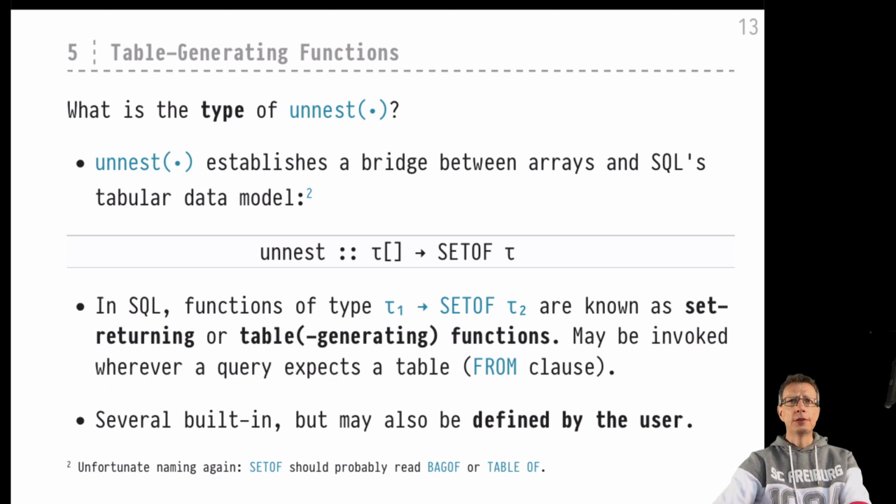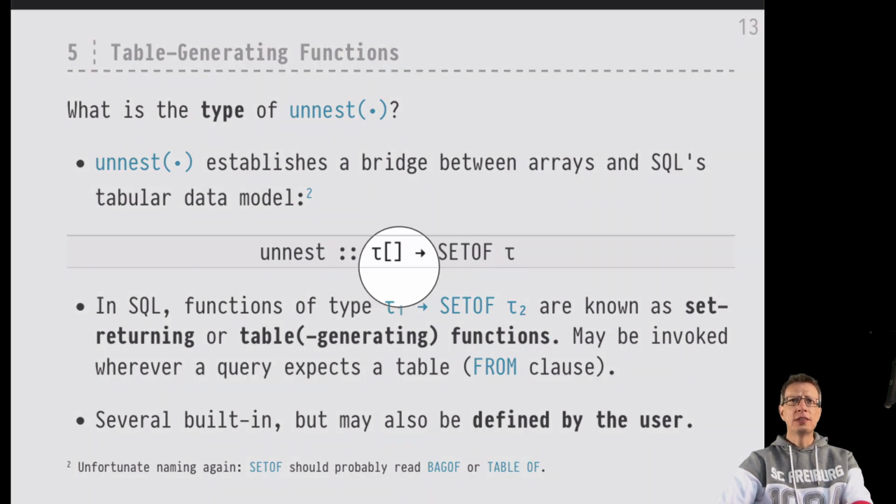Okay, so this bridge between arrays and SQL worked because we were feeding arrays of a particular element type tau here, and we were getting something that a SQL query can iterate over, and that's just a bag of rows, actually something that is very similar to a table. That's what you can see here actually.